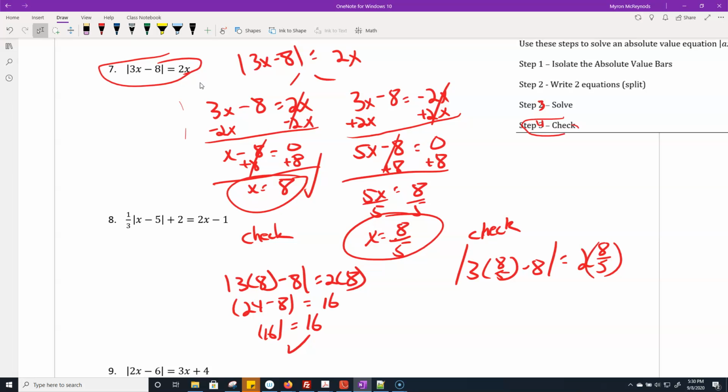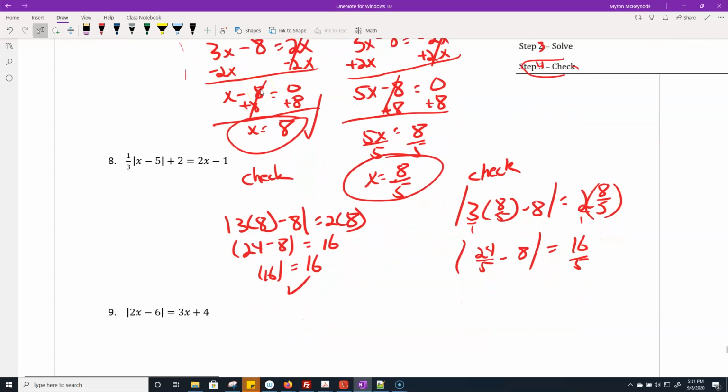All right, so let's check this and see if it works. When you're multiplying a number times a fraction, you can think of it as 3 over 1, right? So 3 times 8 is 24 over 5. Just multiply straight across. Minus 8 equals 2 times 8 over 5, 2 over 1 times 8 over 5 equals 16 over 5.